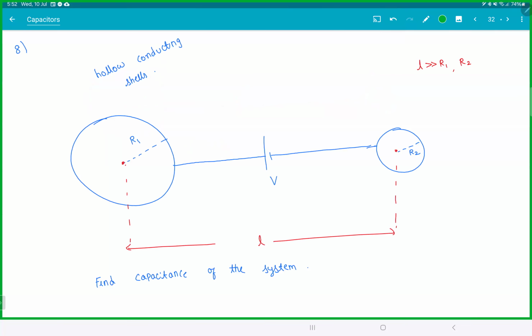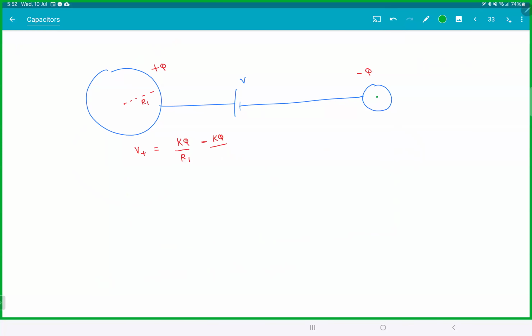So that's KQ by L. Similarly, the potential on the negative terminal will be KQ by R2 and minus KQ by L. And if you look at the potential difference, V plus minus V minus, the KQ by L term will cancel off. You end up with KQ by R1 minus KQ by R2.